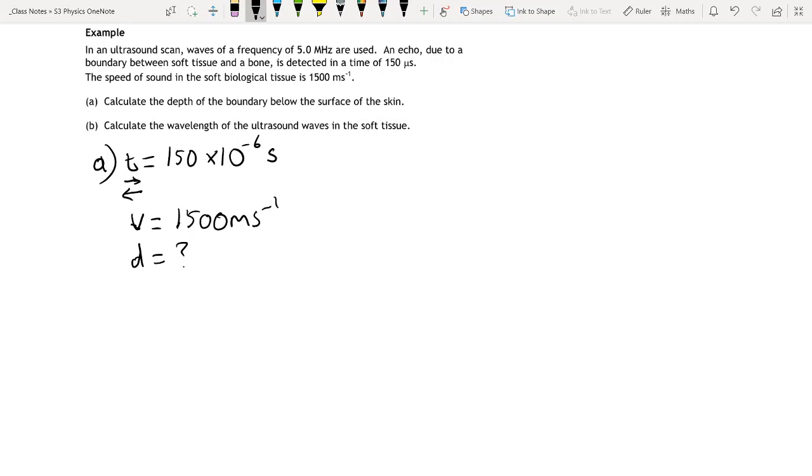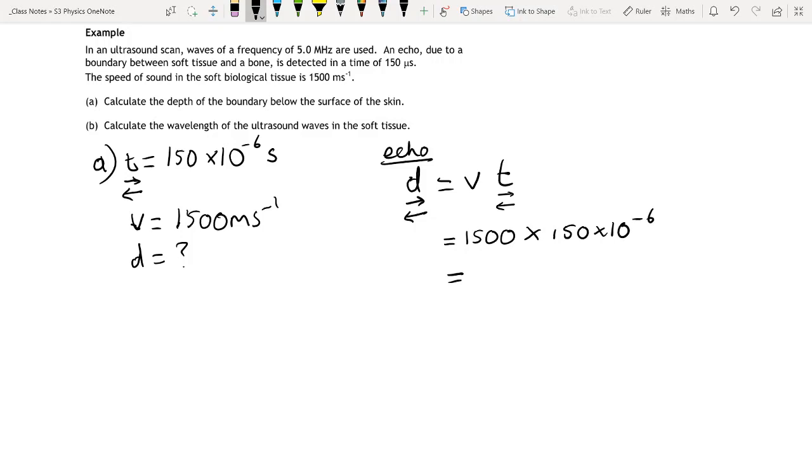Okay, so it is an echo. So we'd have to find, first of all, using that time, distance there and back is the speed times the time there and back. So 1,500 times 150 times 10 to the minus 6. So distance there and back is 0.225 meters.